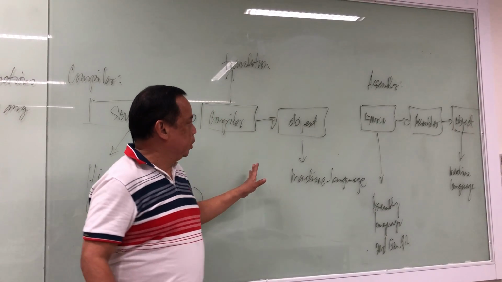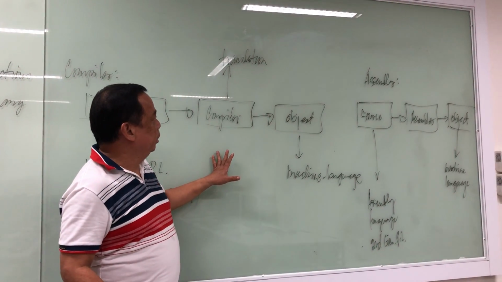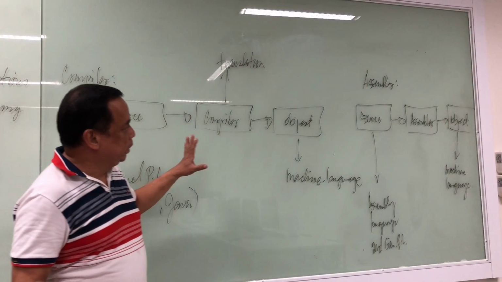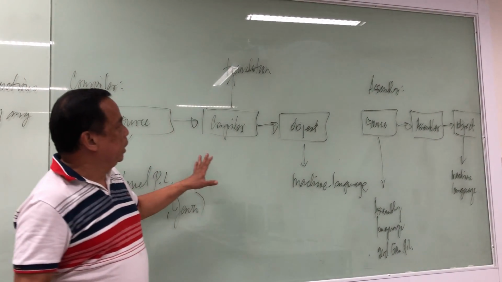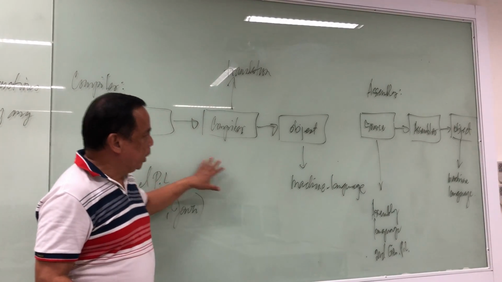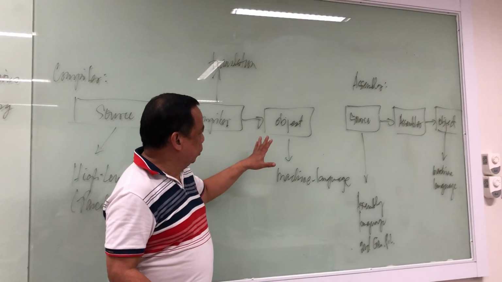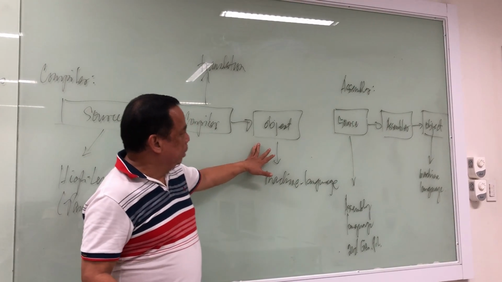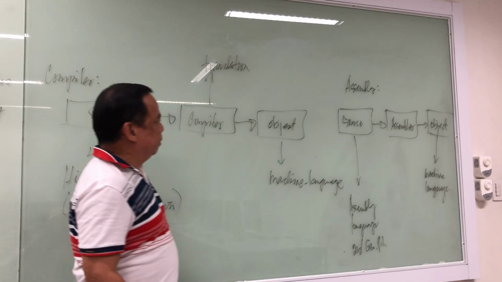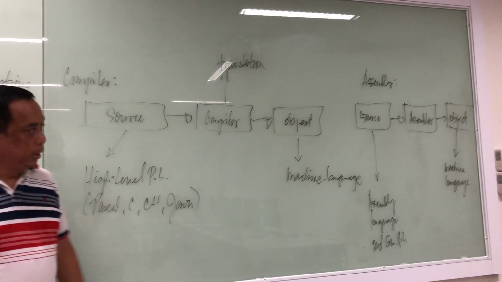For that purpose, you need to know what translation is, what the different translators are, and what will be the target when translation has been applied to any program written in any language, in order to arrive at the target object program, which are both in machine language.